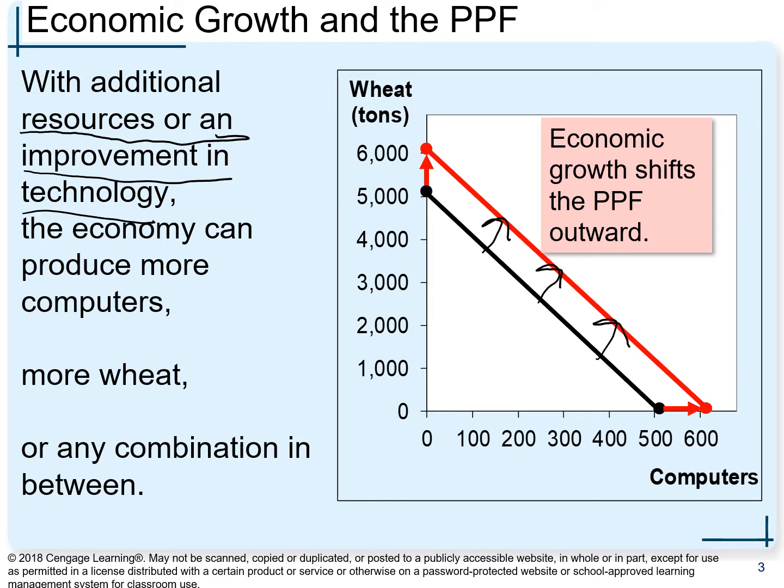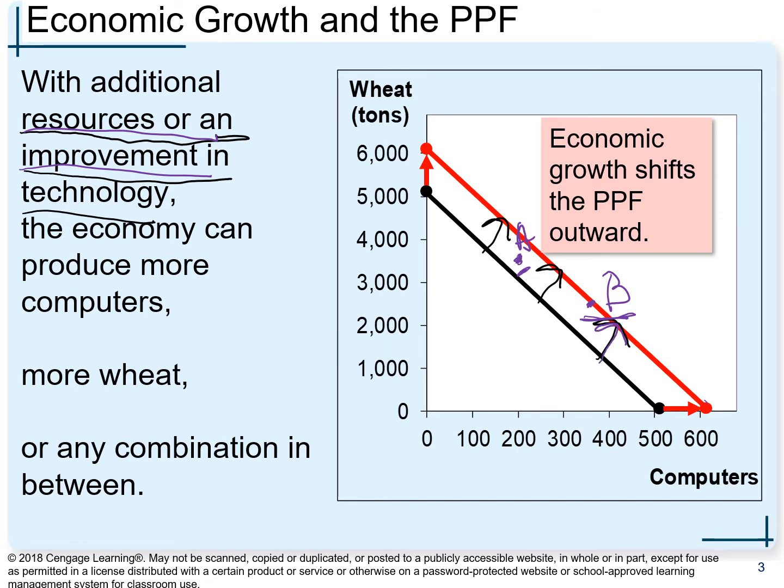And remember, for example, if we were first on our black production possibilities frontier and had some point, let's suppose over here was point A, we were not able to produce at point A. But when we experience improvement in technology and gain more resources, then all of a sudden point A becomes possible, isn't it?